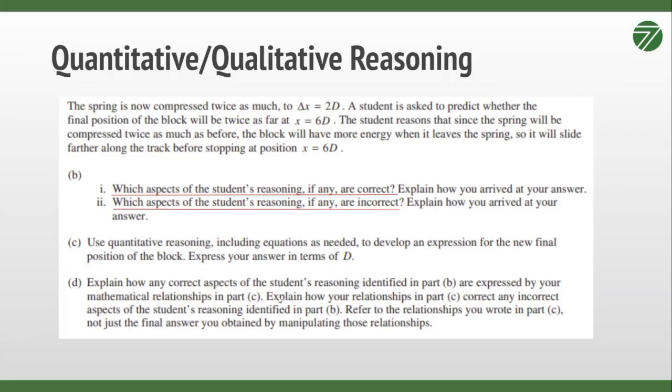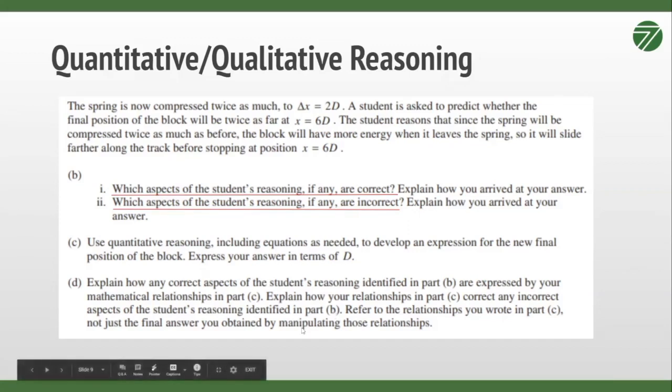Then, explain how your relationships in part C correct any incorrect aspects of the student's reasoning identified in part B. I just showed in the equation that I derived why the student was incorrect about the distance.